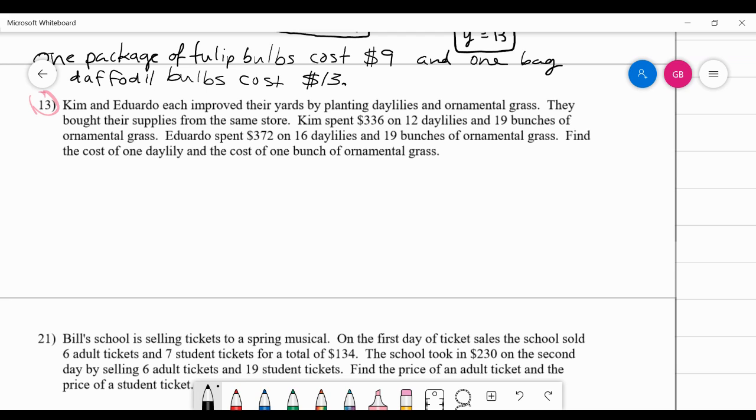First thing, identify the unknowns: the cost of one daylily and the cost of one bunch of ornamental grass. So let's write those out first.